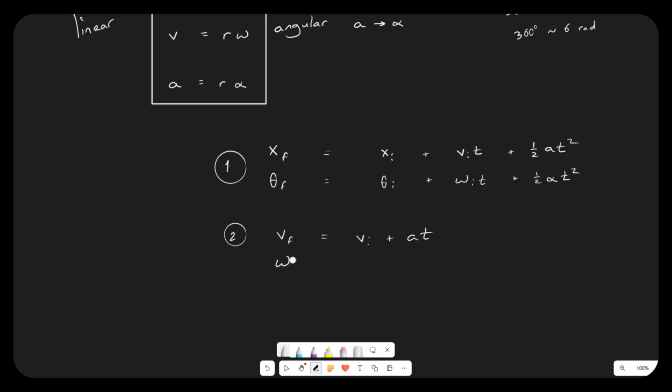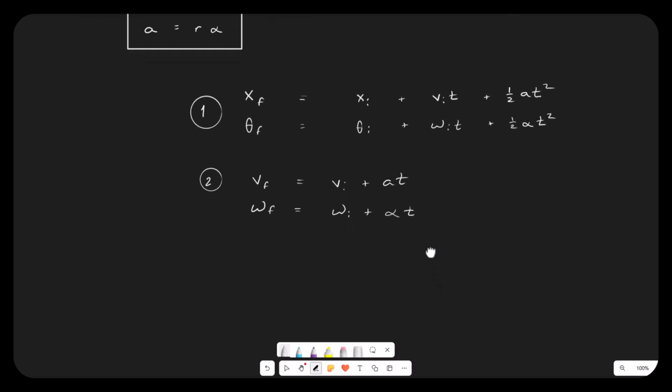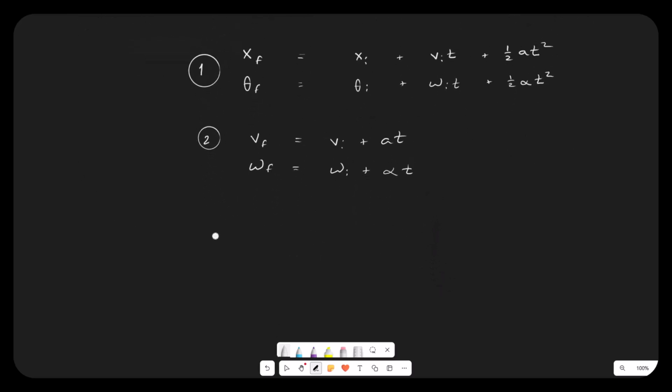I'm going to replace it with omega final equals omega initial plus alpha t. And then equation 3 looked like this, where I had v final squared equals v initial squared plus 2a change in position. I will instead have omega final squared equals omega initial squared plus 2 alpha change in position.